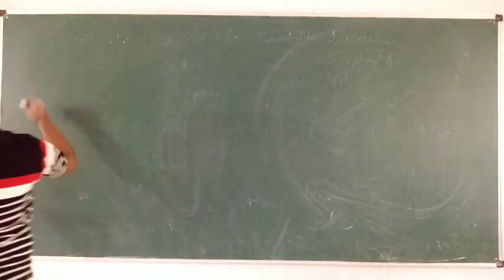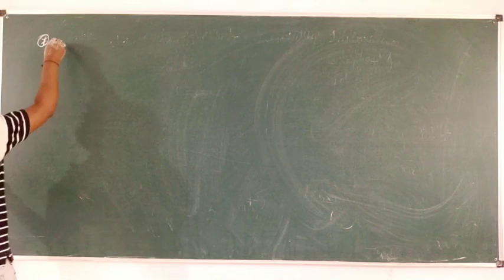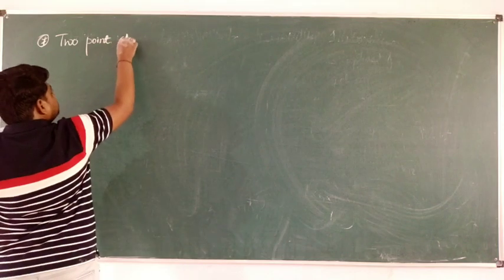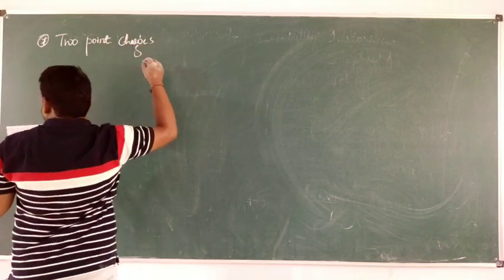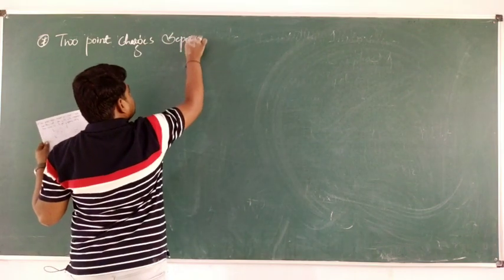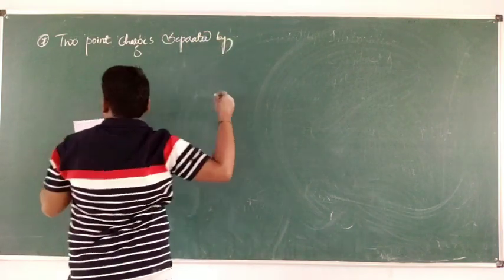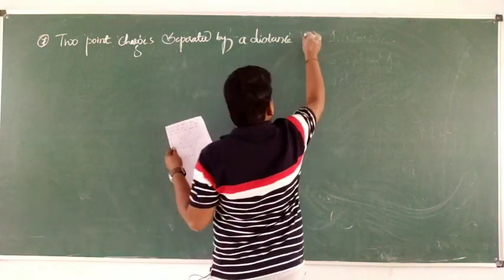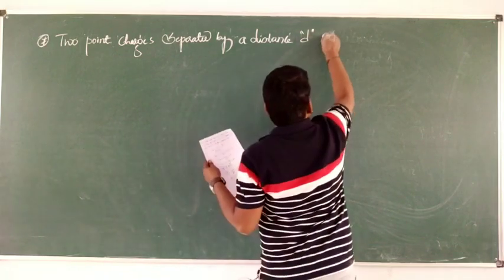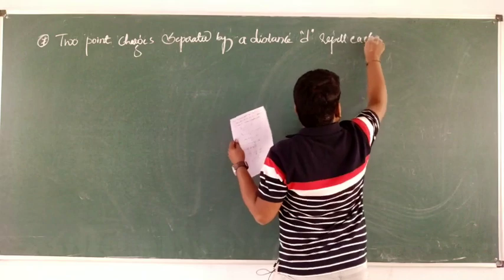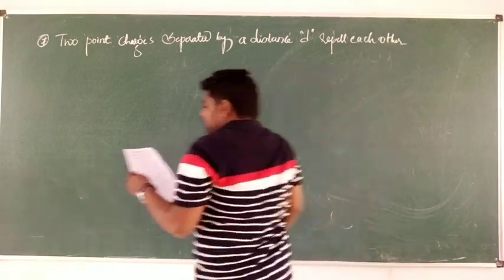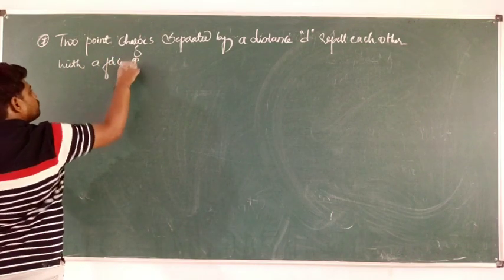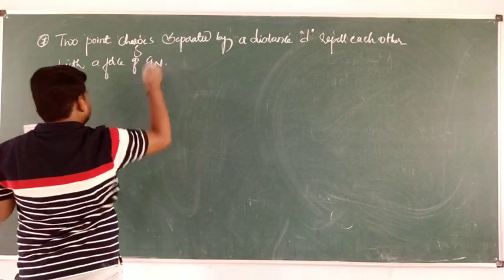Now question number 7. The question is: two point charges separated by a distance d repel each other with a force of 9 newtons.